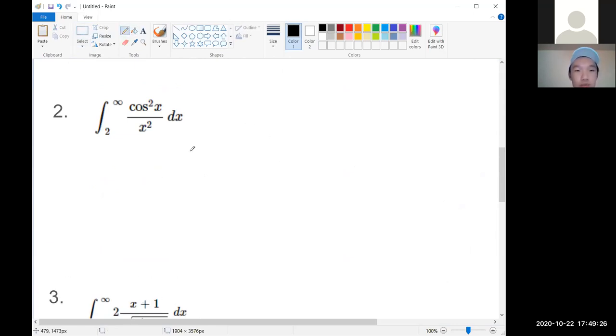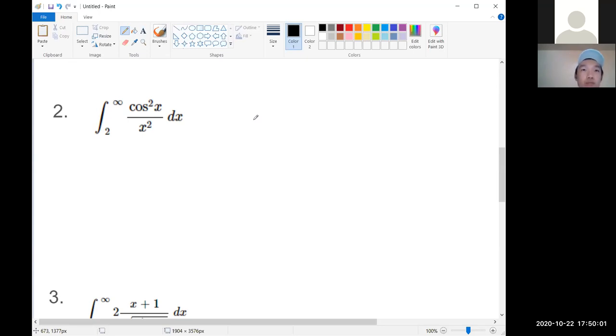Okay, so this one is cosine squared of x over x squared. What do you guys think would be a good integral to compare it to? Any ideas? Make the denominator x squared plus 1 again.